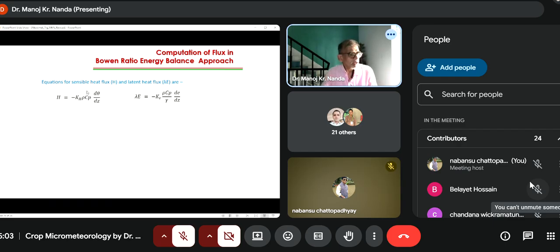Now, this is my general formula for heat transfer. This is my general formula for vapor transfer. This rho Cp by psi is exactly what we can call the vapor capacity. Psi is your psychrometric constant, the value of which is 0.066 kilopascal per degree centigrade.